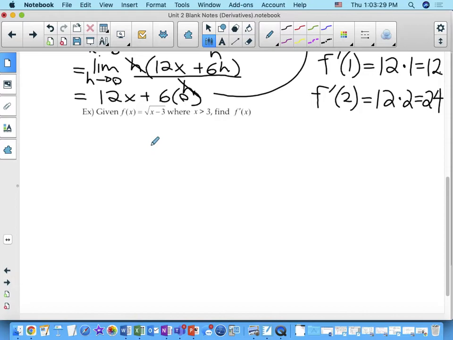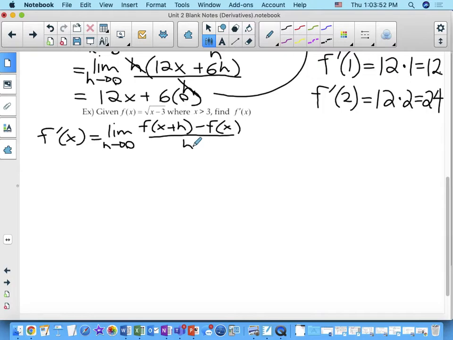Find f prime of x, the derivative of f of x. We'll start out with f prime of x equals the limit as h approaches 0 of f of x plus h minus f of x over h. And by the way, this piece is on your formula sheet.